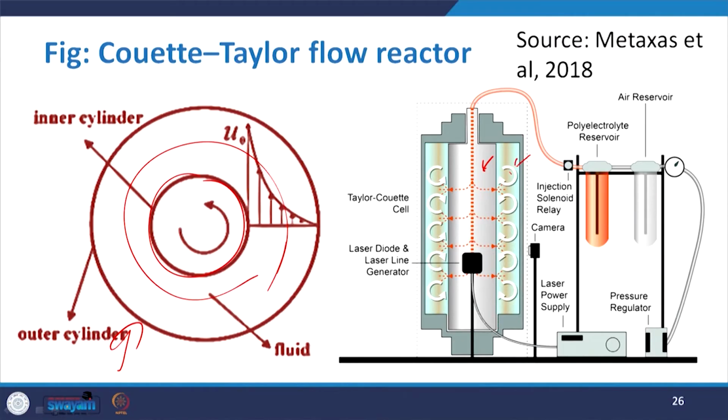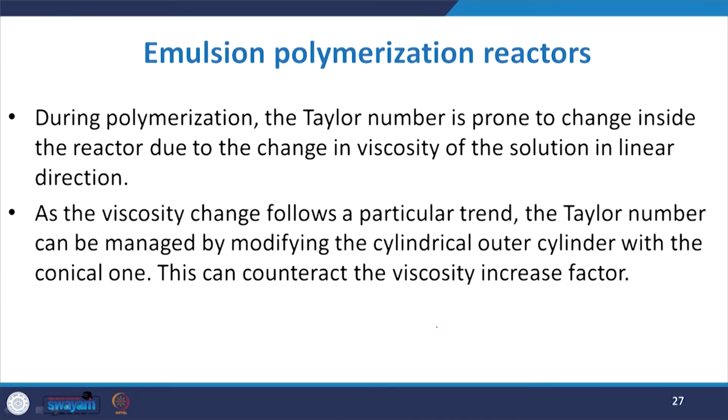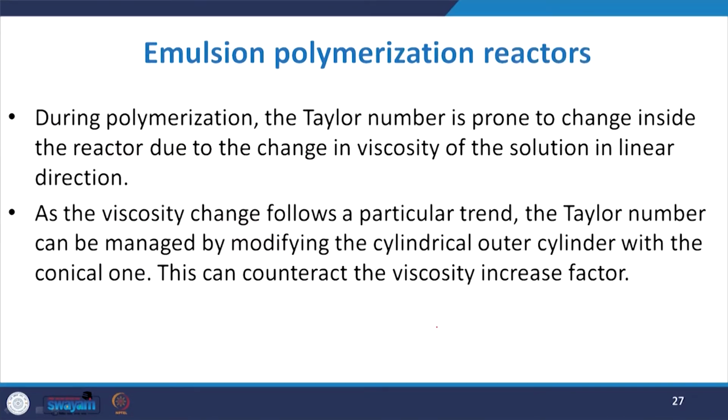Here this is the inner cylinder and this is the outer one, and you see there are different vortices being formed in this particular cell to facilitate the polymerization reaction. Now, during the polymerization, the Taylor number is prone to change inside the reactor due to the change in the viscosity of the solution in a linear direction. So, it is quite evident from this particular figure.